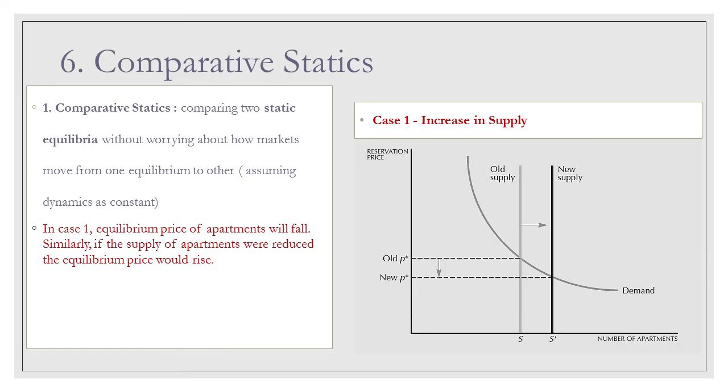We are witnessing a new price p star which is lower than the old price at equilibrium. So the new equilibrium price will be lower than the previous equilibrium price if the supply increases. This is an obvious result. Now let's move on to the next case and make it more interesting with a little complication.